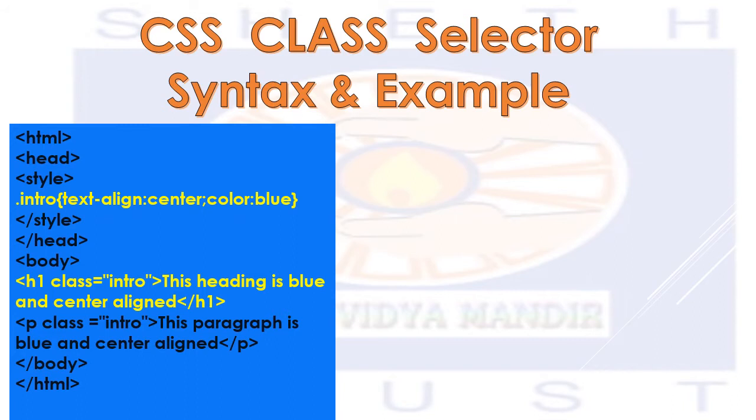Intro is my selector which I have used, that is .intro, and in that I have given text-align: center and color: blue. This is a type of class, right? That means the text will come in the center alignment of the web page, and it will also have a blue color.